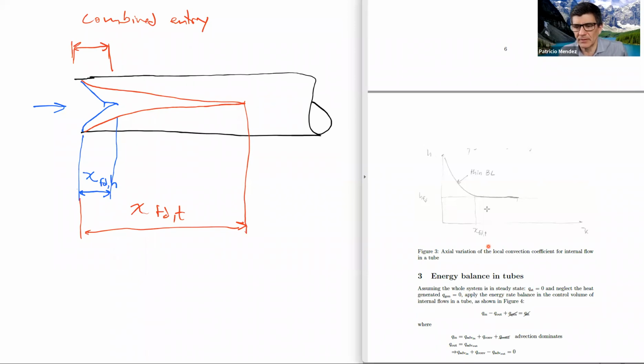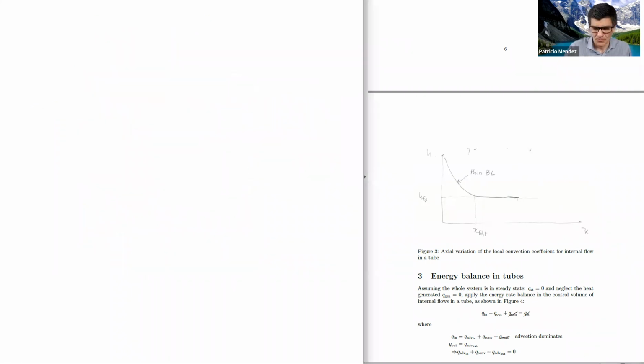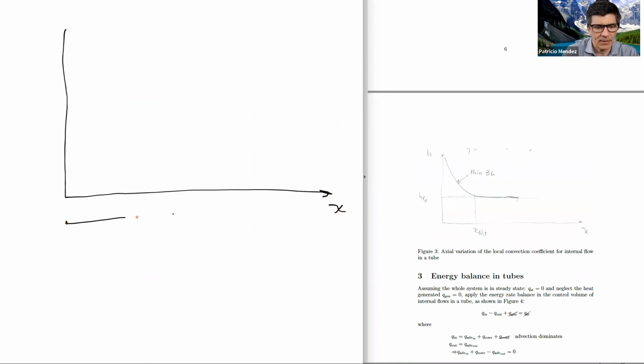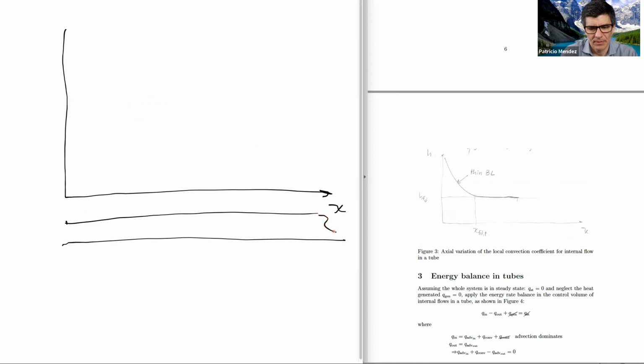And this is what we see in this schematic here that maybe doesn't show so well. So let's try to make a schematic. This would be distance x inside the pipe, right? Let's get a cross section of the pipe, and the fluid is coming in. And x equals 0 is the entrance of the pipe.